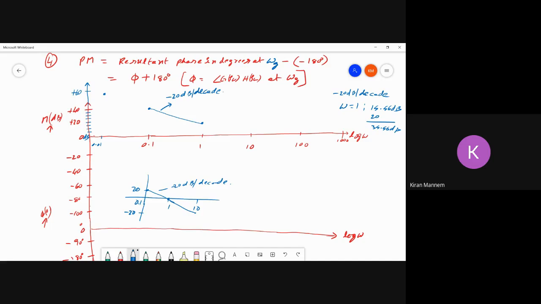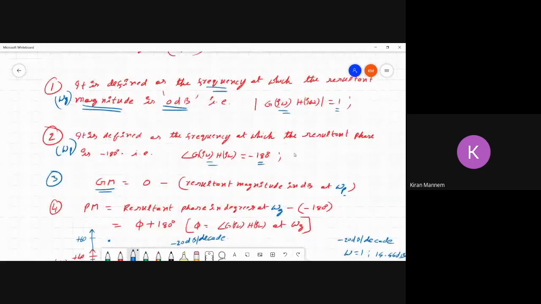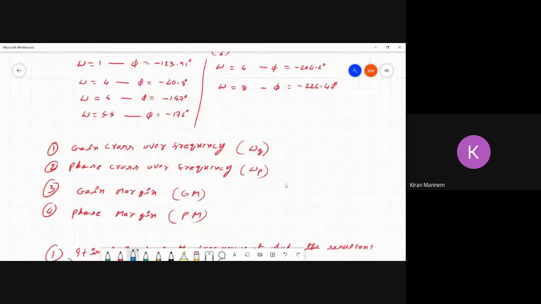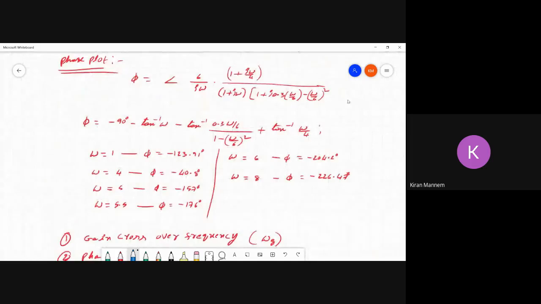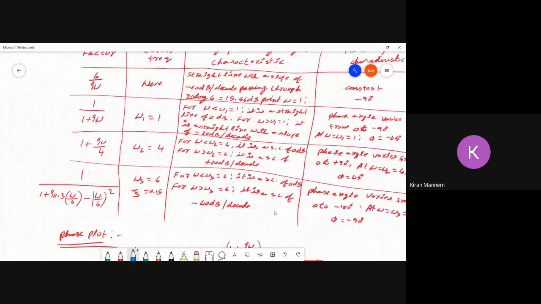Right. So what is happening? Why do we stop at this point when omega equal to 1? It's a corner frequency, isn't it? At each corner frequency, we should calculate the slope of the asymptote. So look at this. We have corner frequencies 1, 4, and 6.